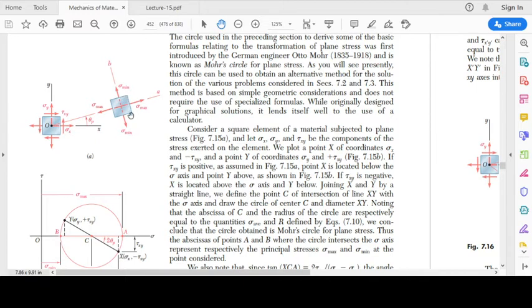These two are your principal planes, which are making an angle theta p with the x-axis, and that theta p is going to be half of this angle. So this is a sketch of the principal planes.